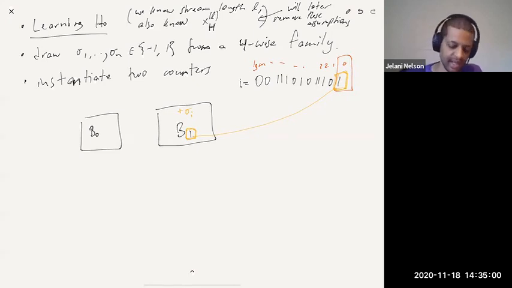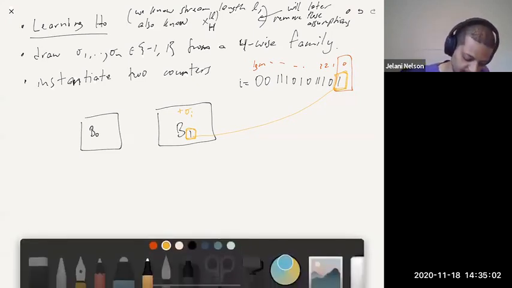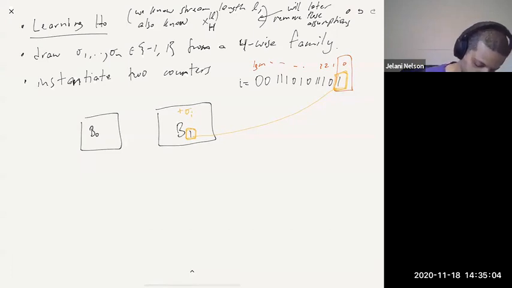So now let's just think. Let's say, just for the sake of illustration, that h's 0th bit is 1.